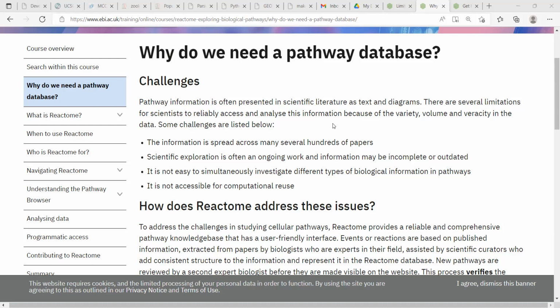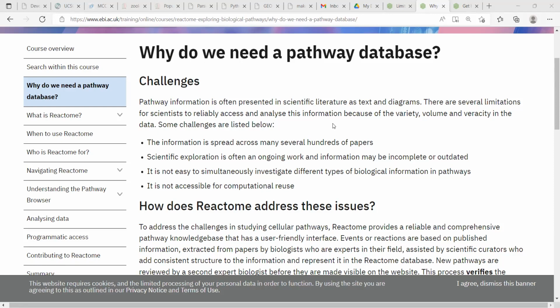So that's why the protein annotations are also being modified, and that's why it is a challenging task to design the pathway data.